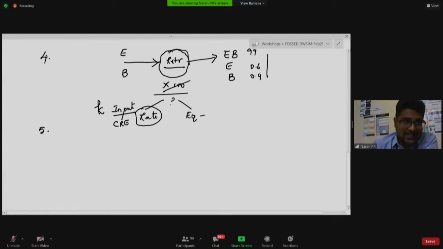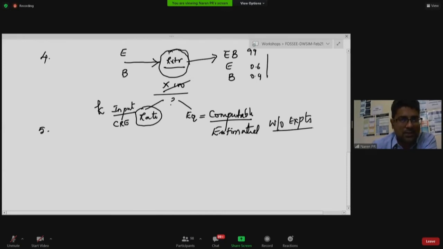Whereas this is something computable. That means this can be estimated without experiments. You don't necessarily need to do an experiment to find a number for conversion using the equilibrium route. So this is something that is doable at the beginner's level.